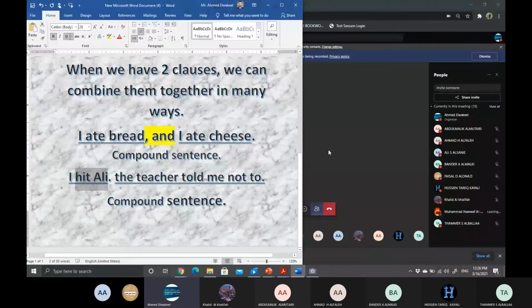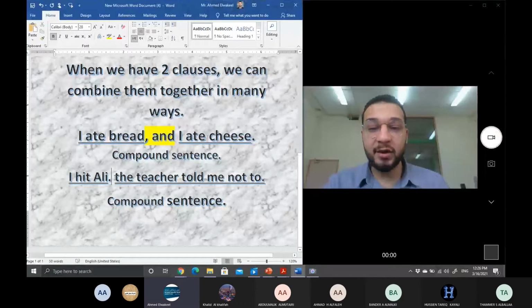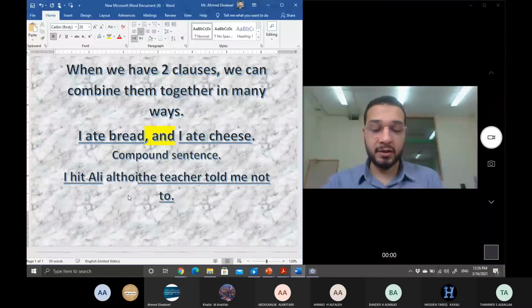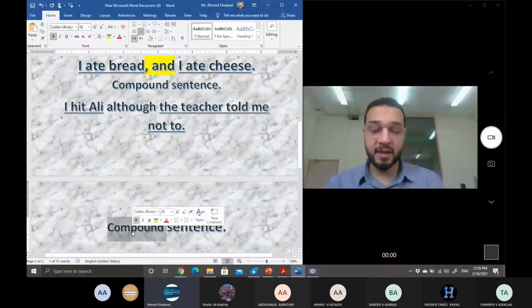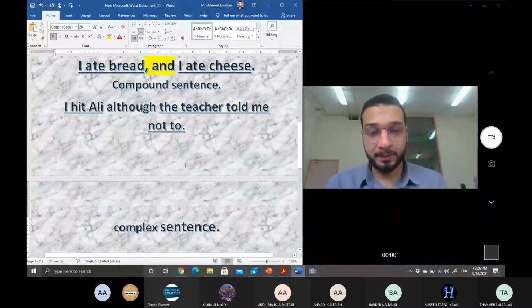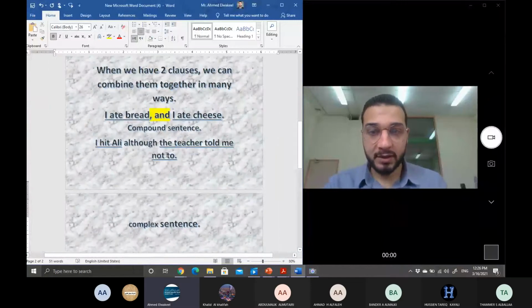So once again, guys, in order to change this into a complex one, all we need to do is add a subordinating conjunction. Now the sentence became a complex one.